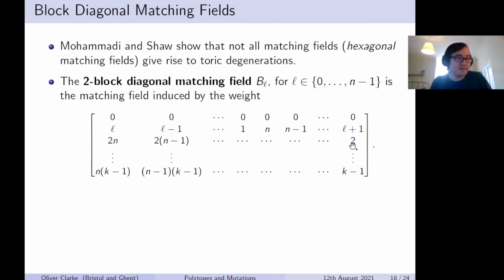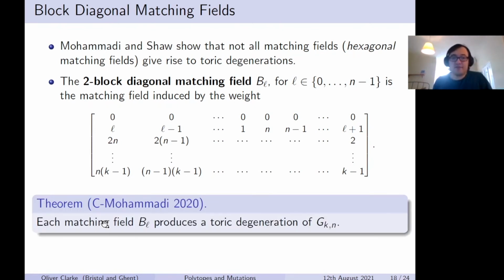And that gives us some interesting structure to work with in terms of what the initial terms look like for all of the maximal minors. So this is the general definition of a 2-block diagonal matching field, and it turns out that each of these gives rise to a toric degeneration for Grassmannian k,n.